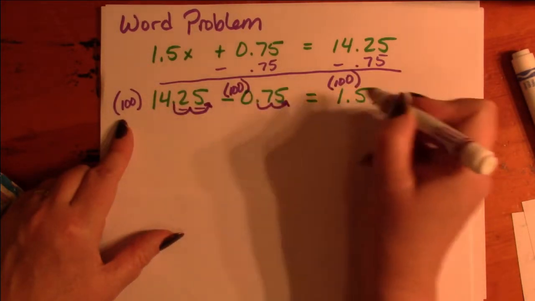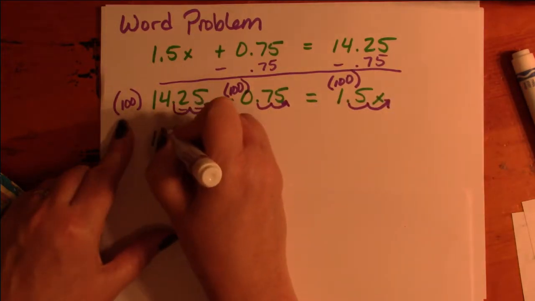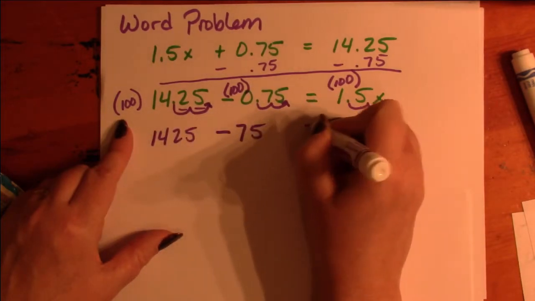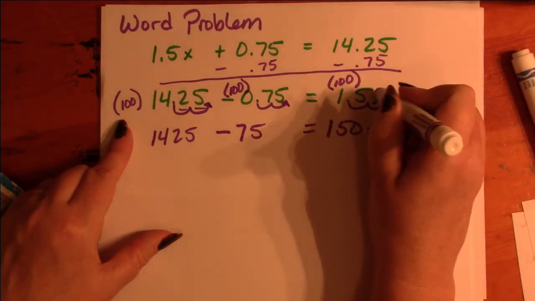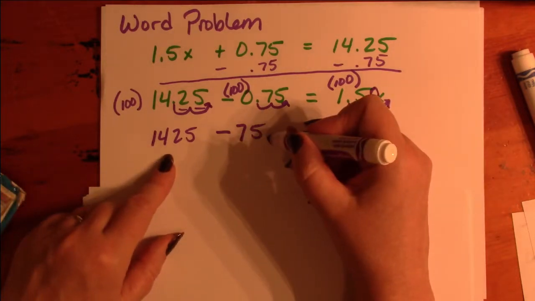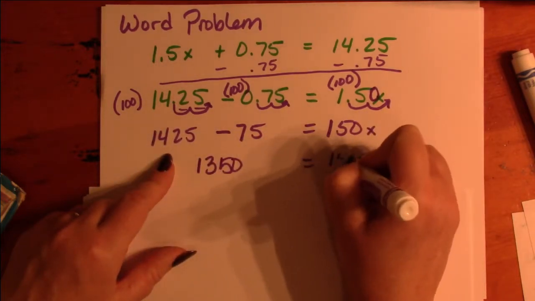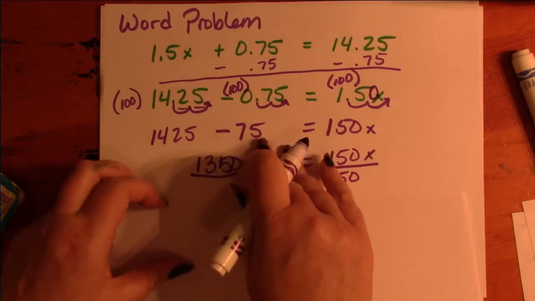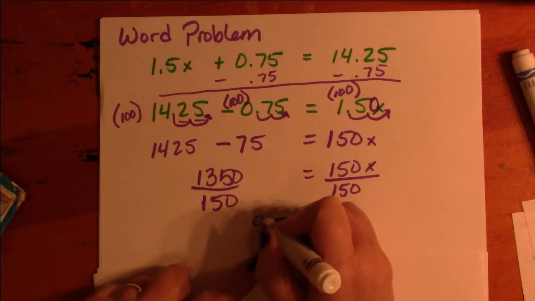So this becomes 1425. This becomes 75, and this becomes 150x, because we have to have that placeholder here. Now you can do this subtraction, which will get you to 1350 equals 150x, and you can divide each side by 150 to figure out that x equals 9.